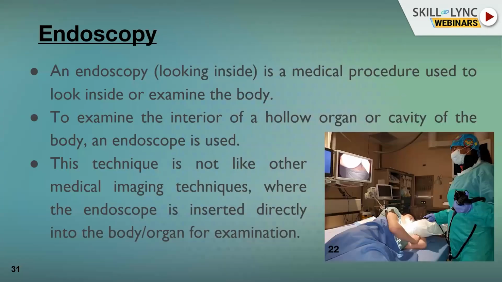Okay, so what is endoscopy? Endoscopy is a procedure used in medicine to look inside of your body.